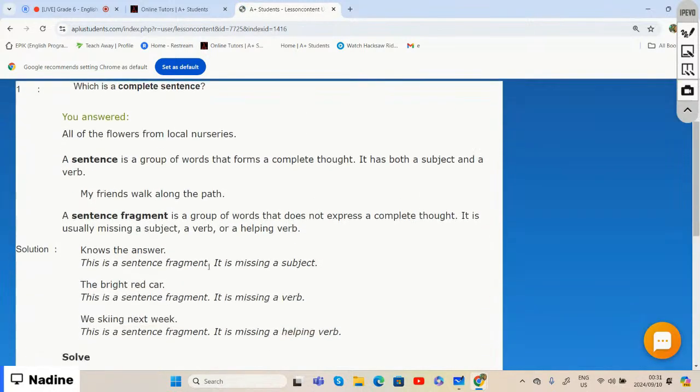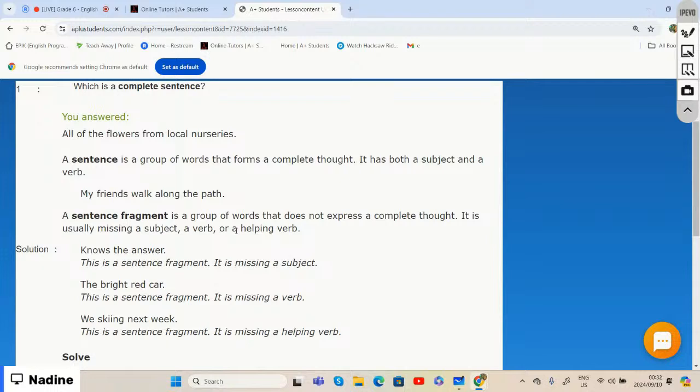All right, and remember, just to go over it again before we do our test, we said that a sentence is a group of words that forms a complete thought. And remember, when it comes to a complete sentence, a complete sentence has both a subject as well as a verb.